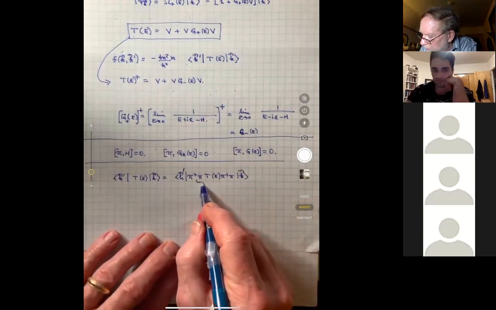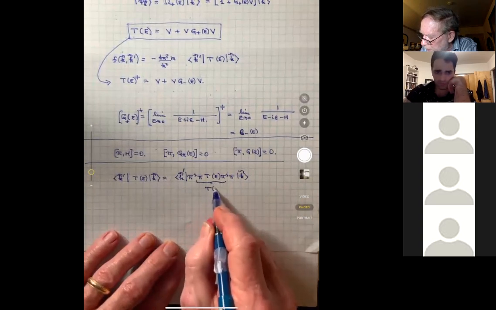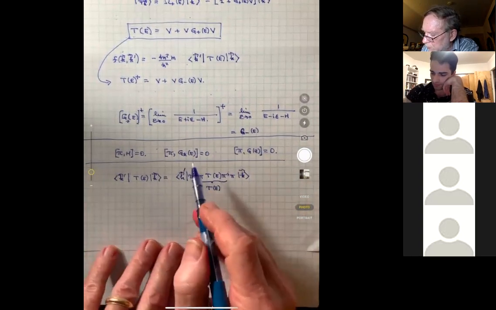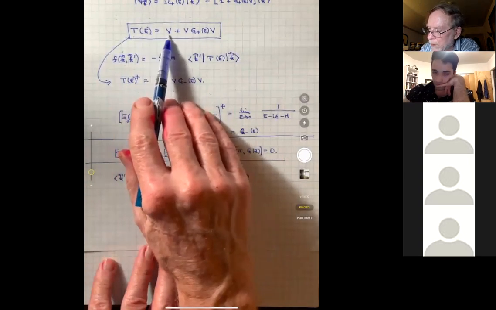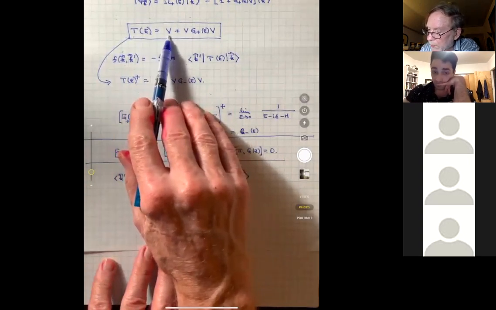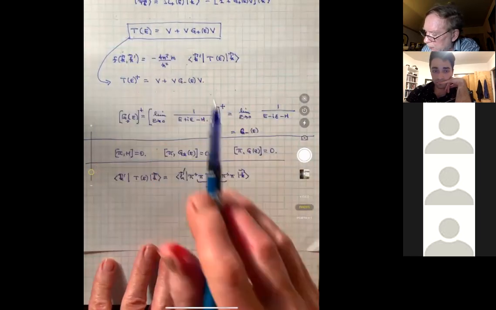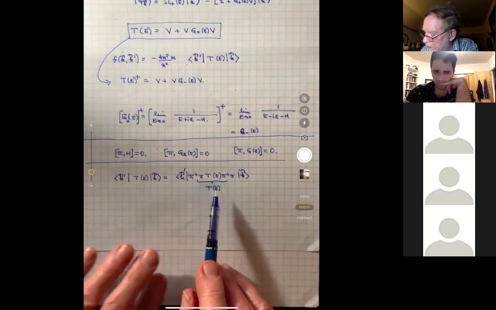Now in the middle, we've got pi T of E pi dagger, but that's equal to T of E because pi commutes with G plus and minus. Assuming it commutes with the potential, we'll assume that it commutes with the potential. That's a way of saying it commutes with the Hamiltonian. Then it commutes with T of E. So this pi T of E times pi dagger is just equal to T of E.